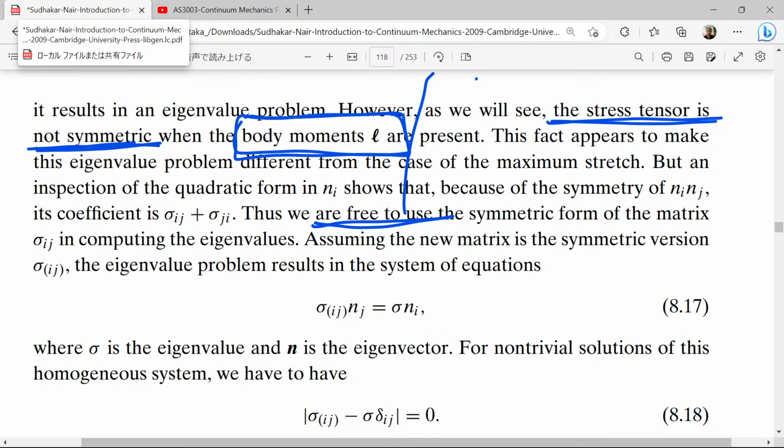Assuming the new matrix is a symmetric version sigma ij, the eigenvalue problem results in the system of equations.